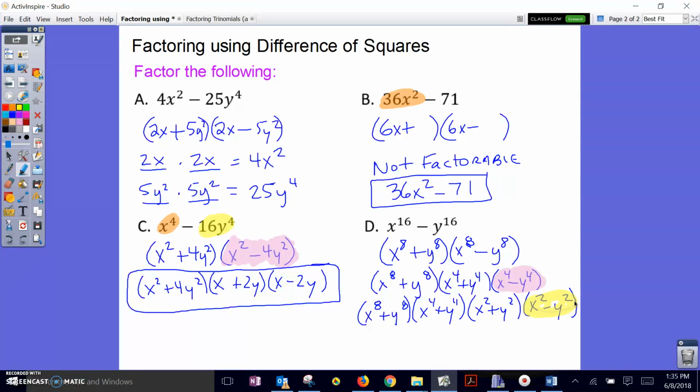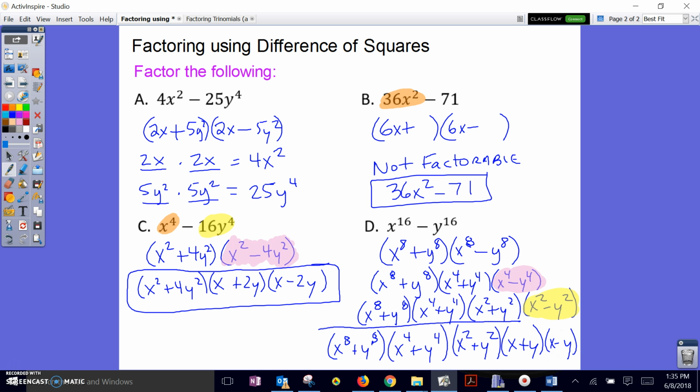We end up with a factor on the end here that can be factored more by the difference of squares. And so we end up with all these factors still staying here, and that's going to factor as x plus y times x minus y. And there's our final factorization of x to the 16th minus y to the 16th.